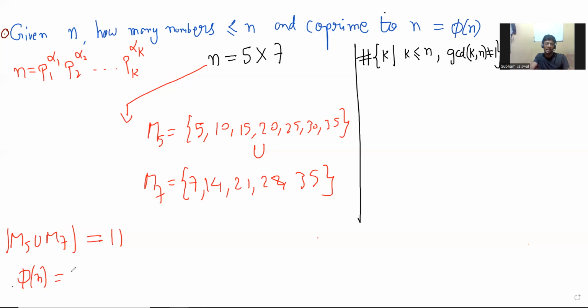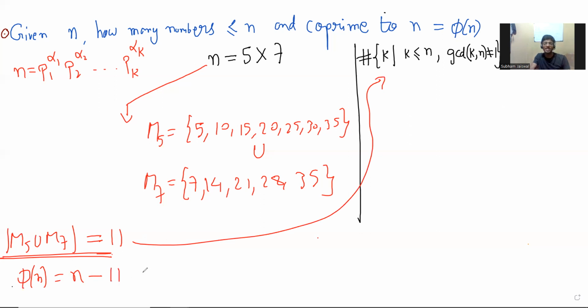This phi n is n minus this, because this is the number of numbers here where GCD is not 1. For GCD 1, you have to subtract those from n. So in this case, this is indeed the right answer.